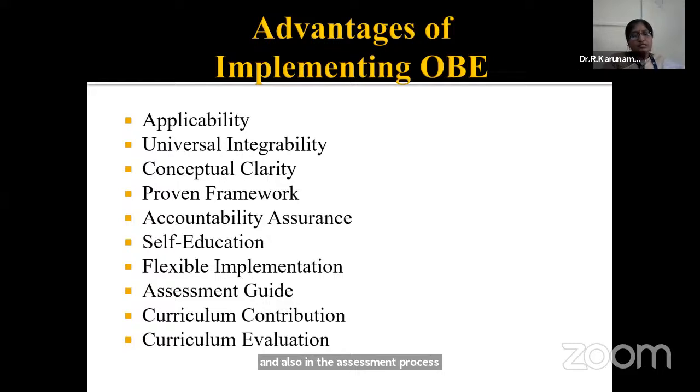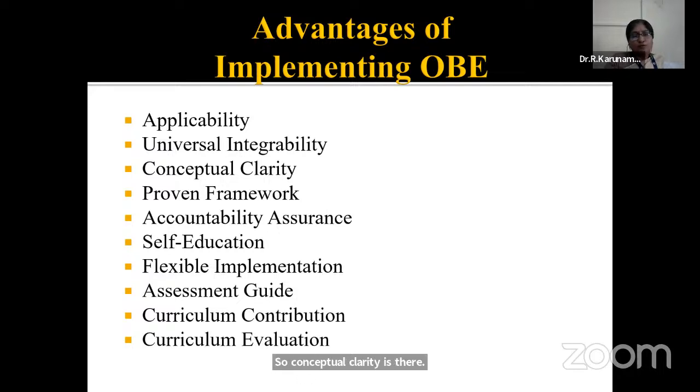Throughout the processes at all levels, from framing the syllabus to assessment, students are aware of the process. Students, teachers, and all the stakeholders are aware of the process and the result. So conceptual clarity is there.